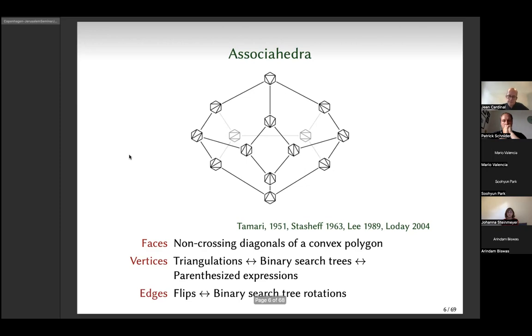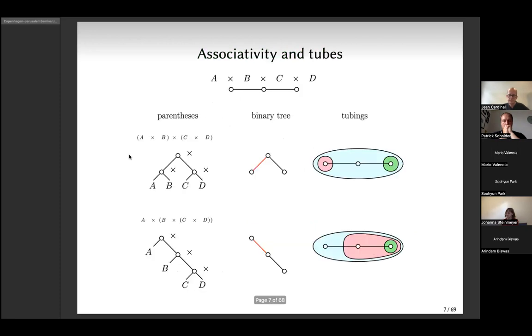The notion of flip is this quadrilateral diagonal flip in the triangulation that corresponds to a rotation in the binary tree. This is very easy, but there's a nice depiction of the Catalan objects that I want to show you before going to this generalization to associahedra of graphs.